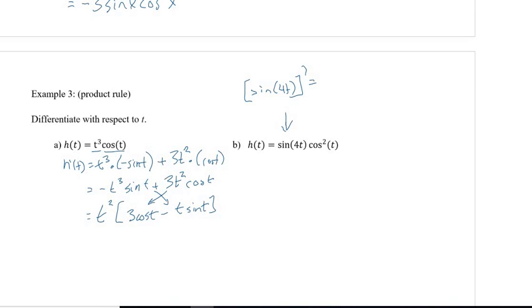So that's going to be cosine of 4t times 4, or 4 times cosine of 4t. And then for the other one, that's the same as saying cosine of t squared. So the outside function is going to be u squared. So 2 times cosine of t times negative sine t.